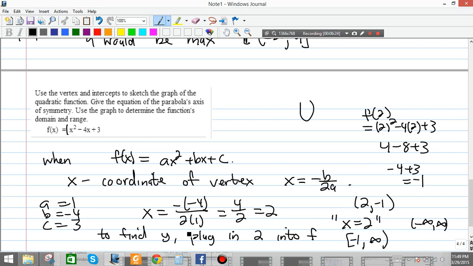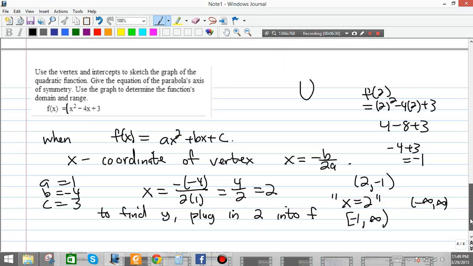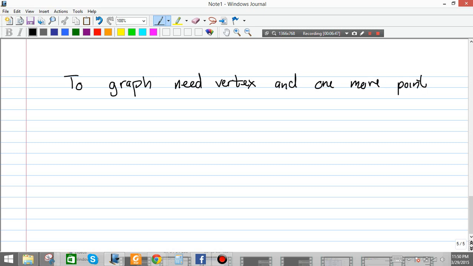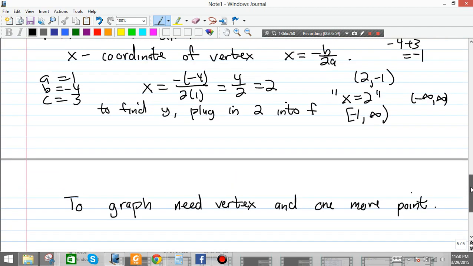So to graph these things, you will need the vertex and one more point. And my math lab wants that point to be on the axis, either the x-axis or the y-axis, and I prefer to find the point on the y-axis.